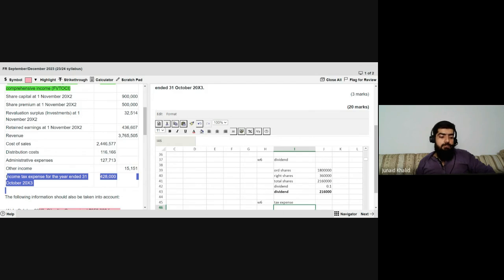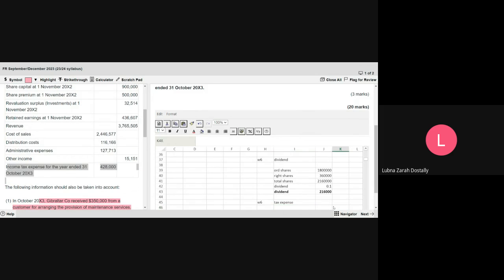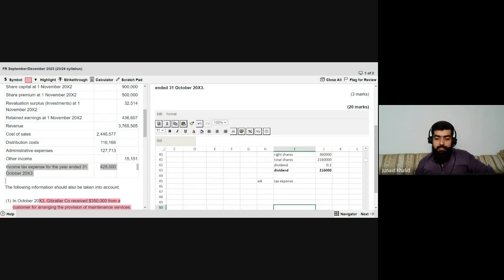This is the amount of the current tax paid, on the debit side. It's a current tax, which means the first component of the income tax, that is the current tax, which is 4,28,000.